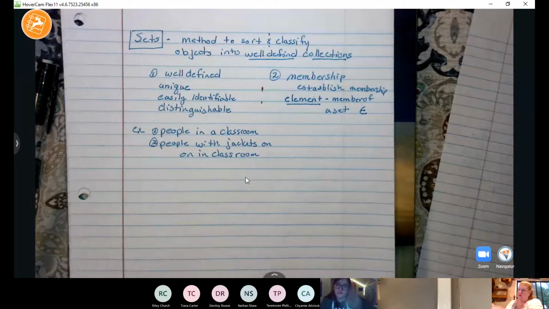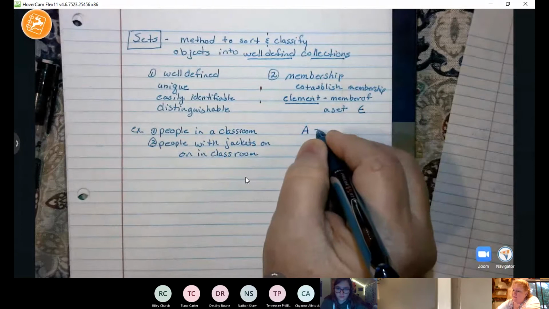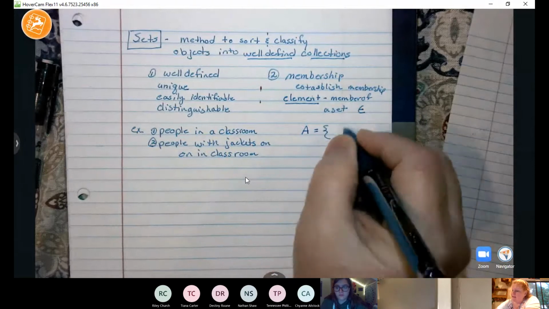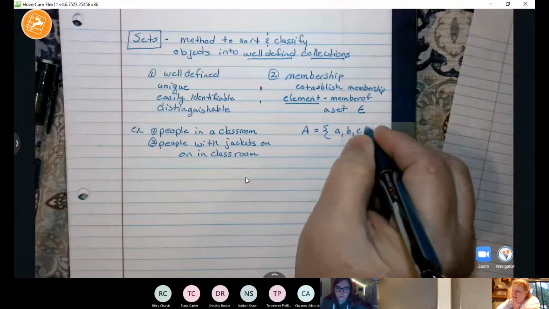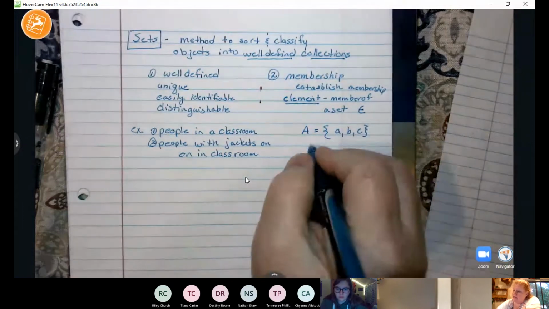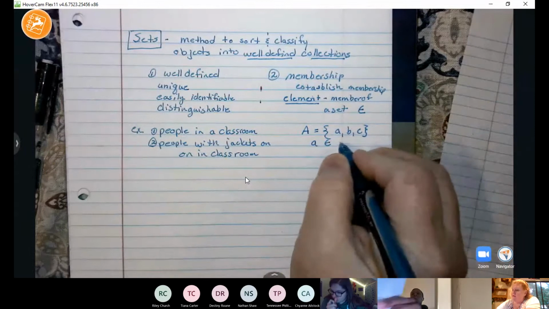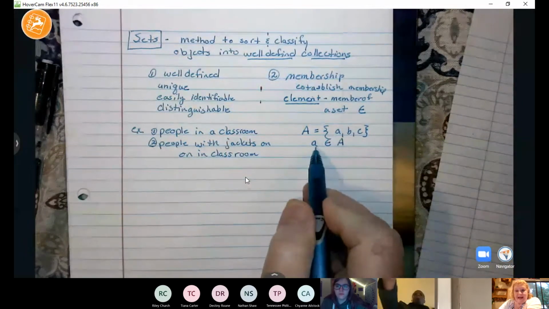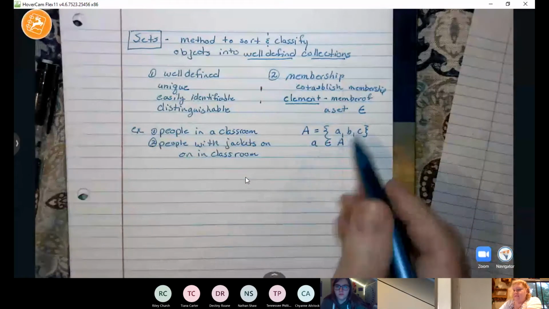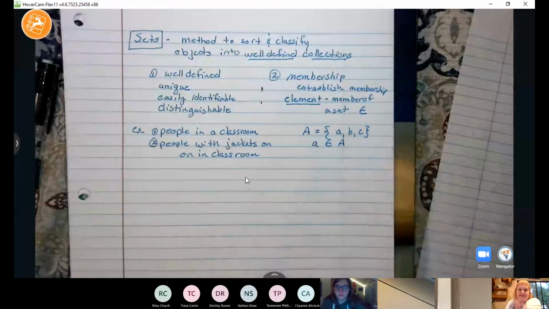You are a member of that set, and we can use the symbol to say you are a member of that set. So if we had set A and had these elements, A, B, C, we could say the element A is a member of set A. Notice we have a lowercase a for the element. The capital letter A is the name of the set.